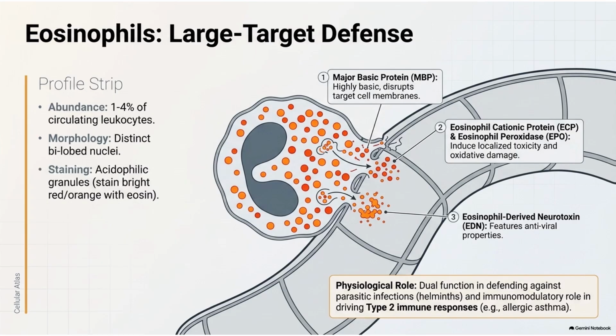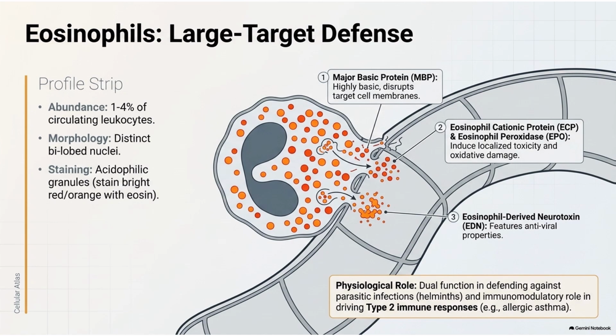Those granules contain potent molecules, including major basic protein, eosinophil cationic protein, eosinophil peroxidase, and eosinophil-derived neurotoxin.